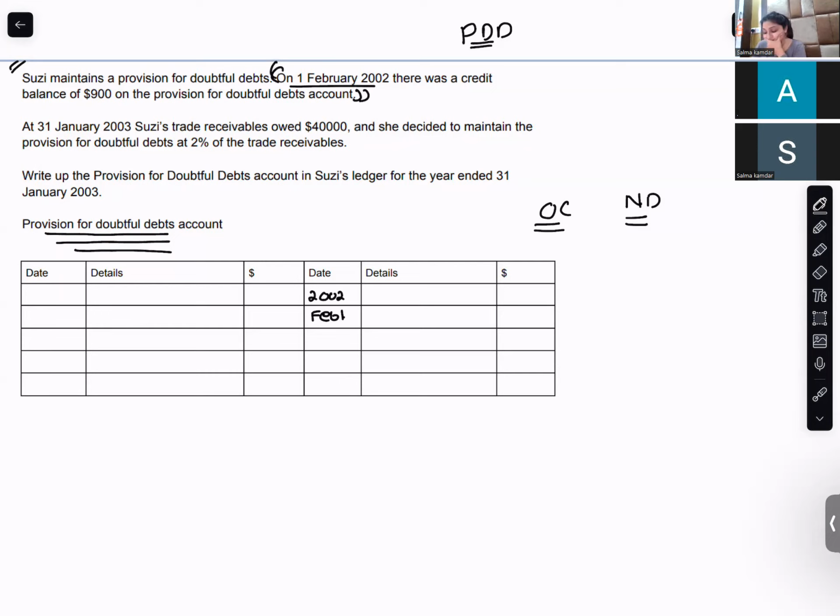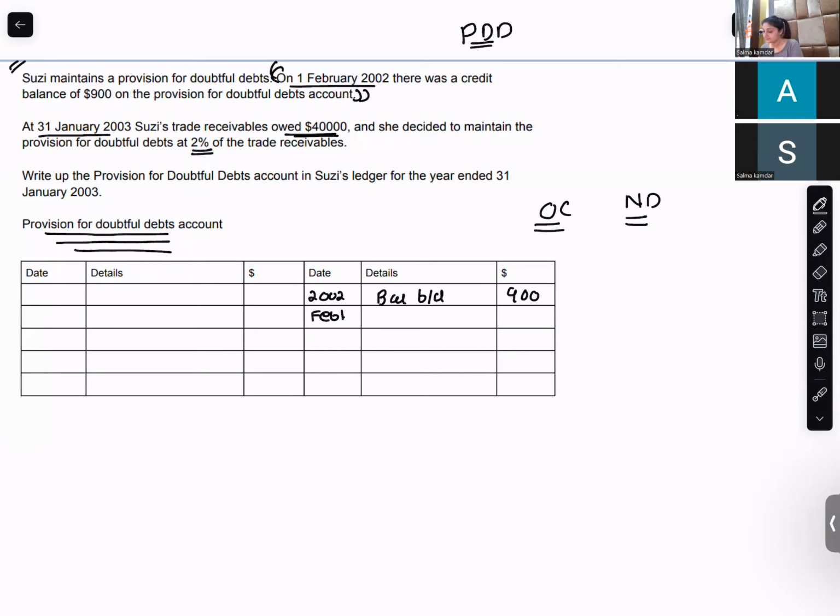This will be the old provision. So, balance brought down, 900.